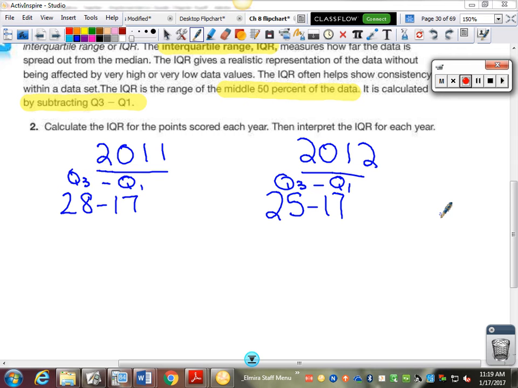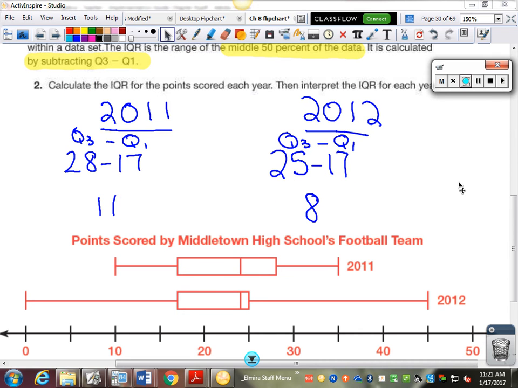So I took the Q3 and the Q1 from 2011 and the Q3 and the Q1 from 2012, and we subtract those. 28 minus 17 is 11, and 25 minus 17 is 8. So here's what all this means.